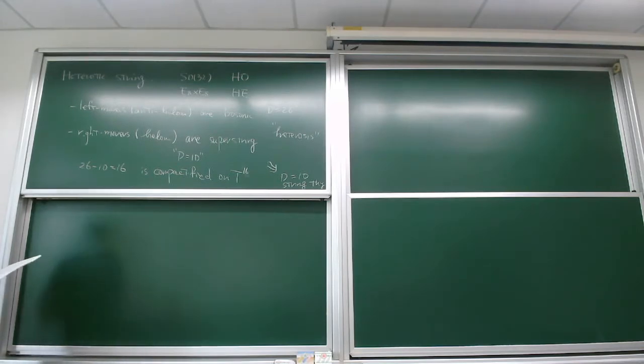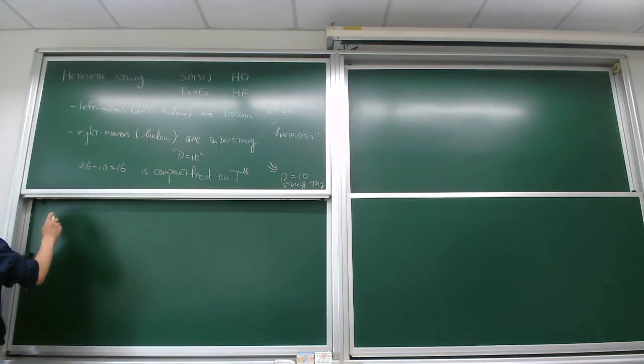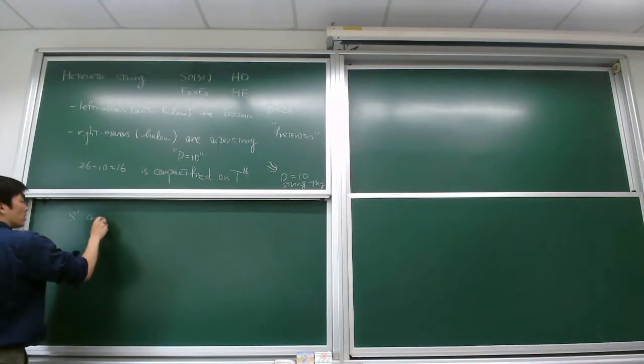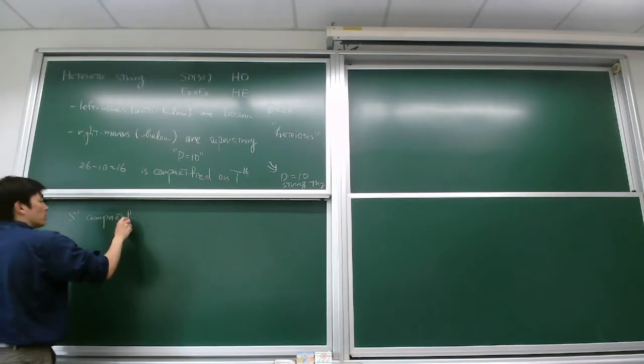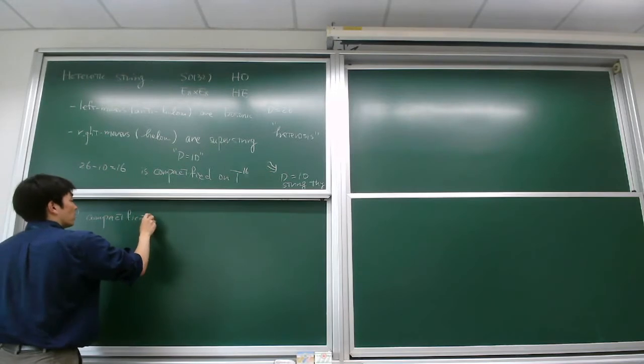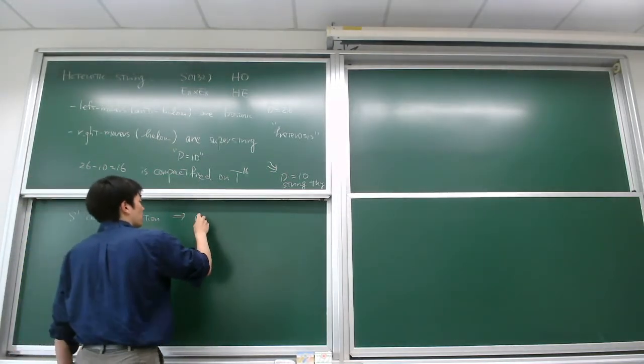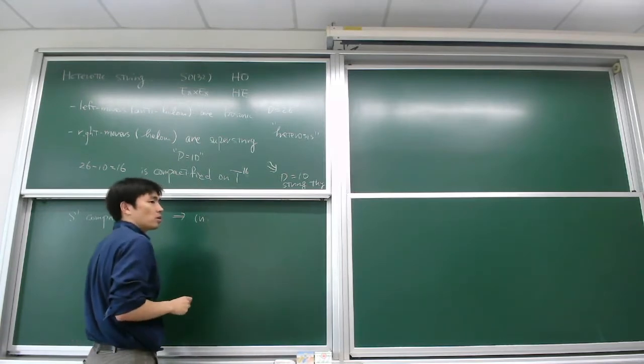So let's look at it step by step. We already knew that for S1 compactification, and also for homework, you get the Kaluza-Klein momentum and also the winding number.